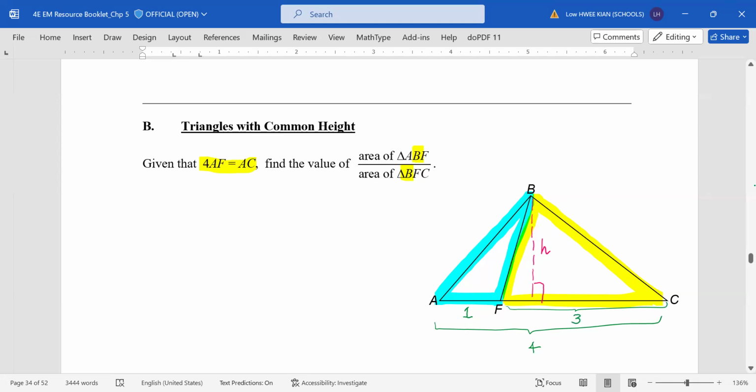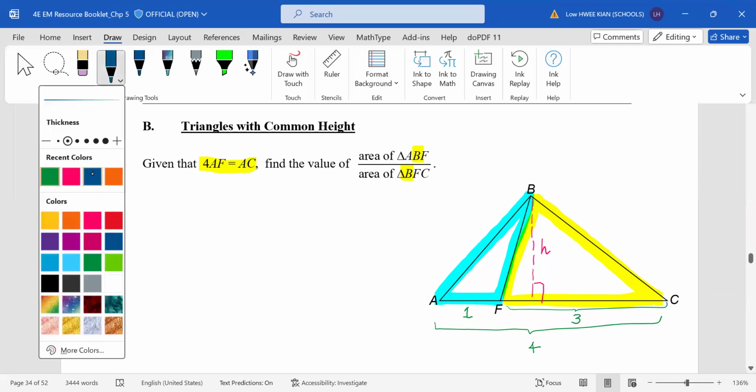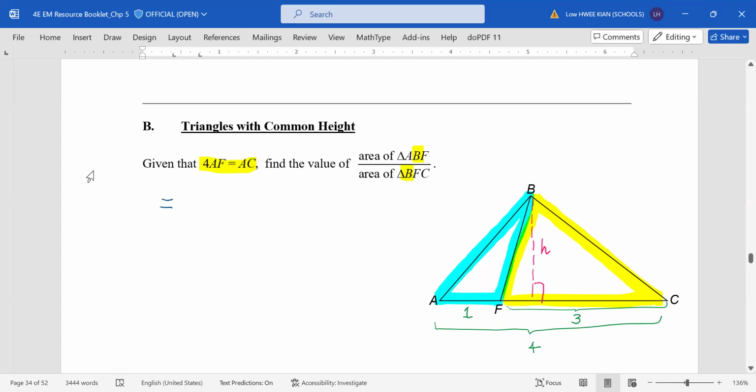Once I have all this knowledge in place, it's time to apply what we already have. To find the area of triangle ABF, let's recall it is half times base. In this case, the base is AF, which is here, and then times the height.